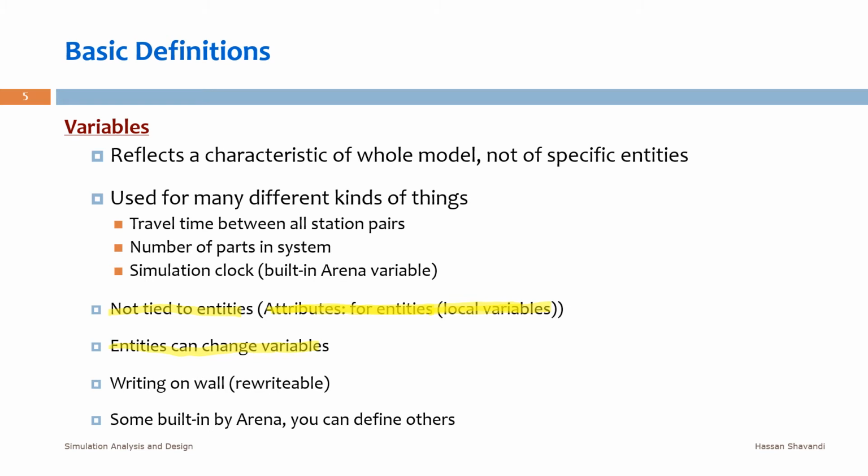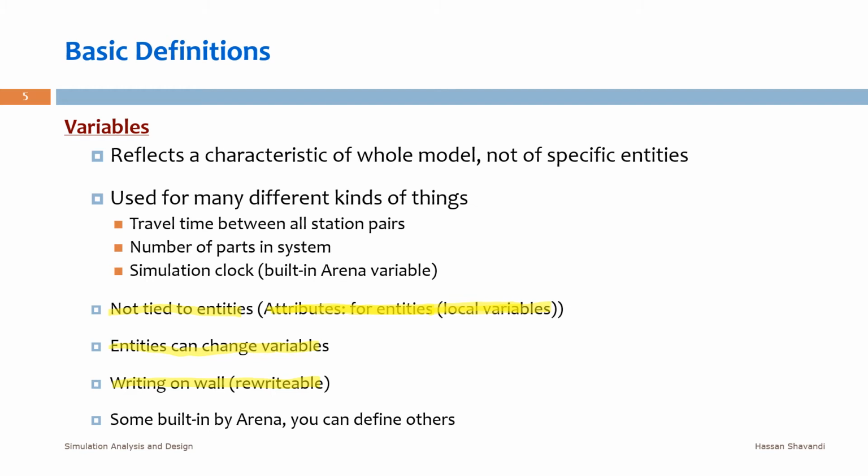As I said, the attributes were like the tag on a customer, I mean on entities. Now here we can say the variables are writing on the wall, and it's writable. It varies over time. Let's say we have a board on the wall, and we are writing the situation of the system at any time, and it varies over time.